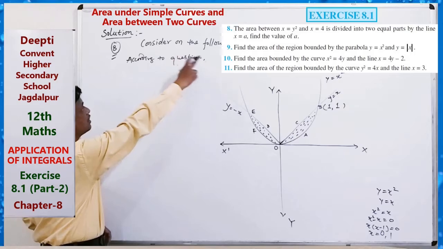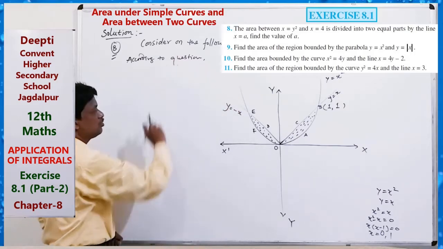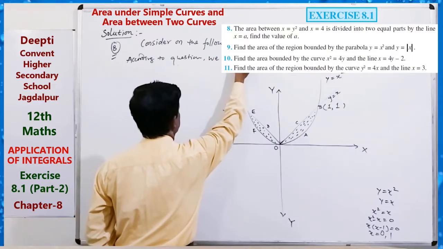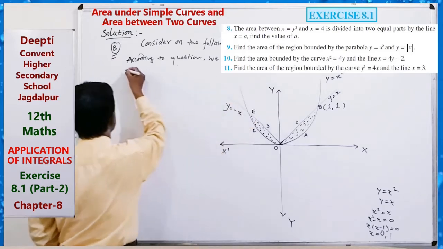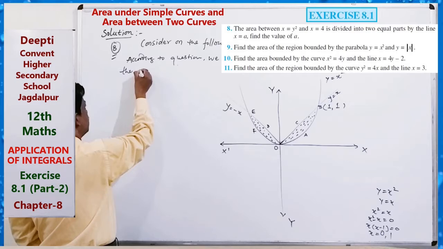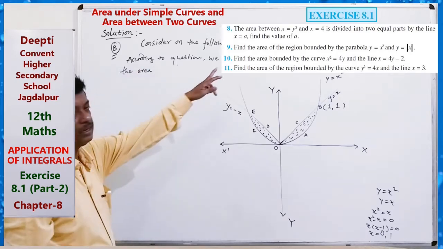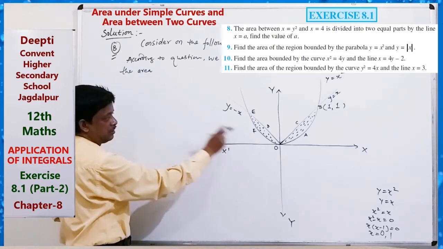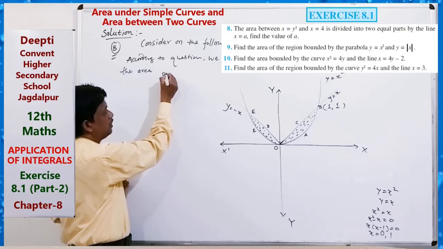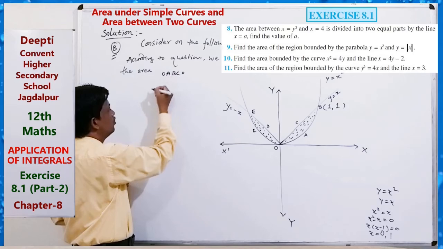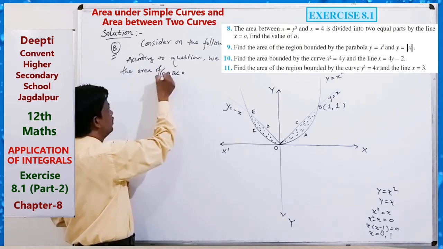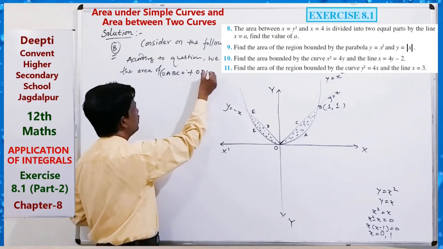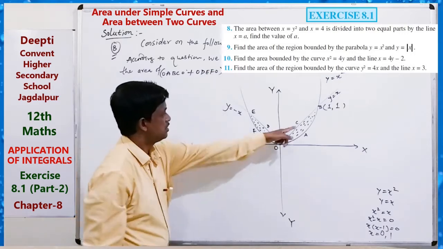Clear? Now, consider the following diagram. According to the question, we have to find the area OABCO of this plus ODEFO, this and this.